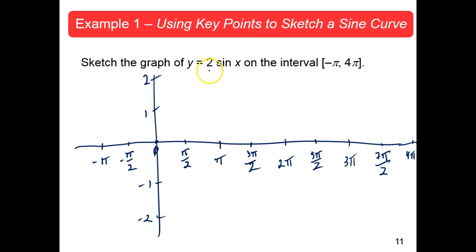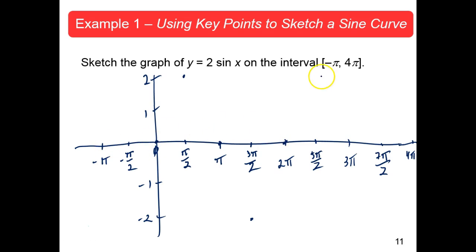But now we're going to multiply by 2, so that gets you up to 2. And then what happens at pi? Intercept. Okay, so it's back down to 0. At 3 halves pi, it goes down to its minimum, which is negative 2. At 2 pi, it's back at 0. Okay, right where it started.